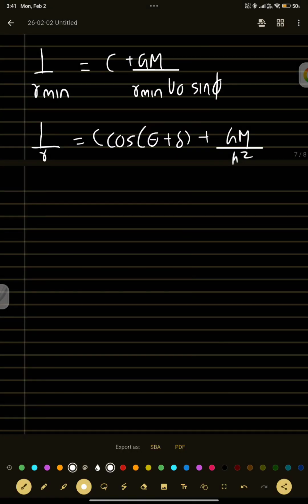Theta 0, ठीक है. But in terms of velocity, perpendicular था, right? And now it is not. Now it is not. So will this be R minimum? Will have a phase lag.